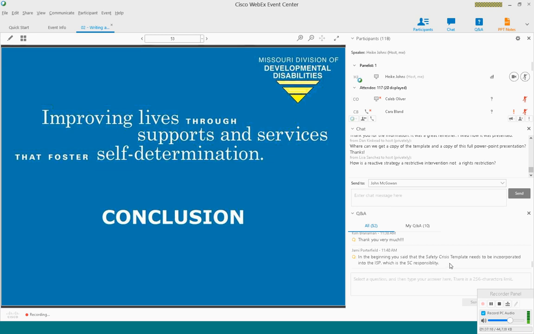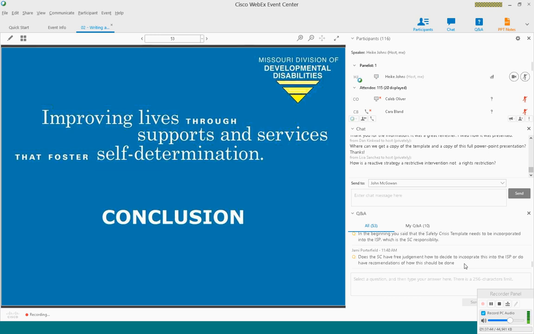So a comment or question: in the beginning, you said that the safety crisis template needs to be incorporated into the ISP, which is the service coordinator's responsibility. So a safety crisis plan, if necessary or indicated, should be incorporated into the individual support plan, which is the service coordinator's responsibility. However, it doesn't have to be specifically this template.